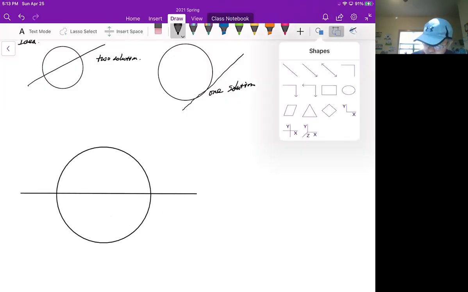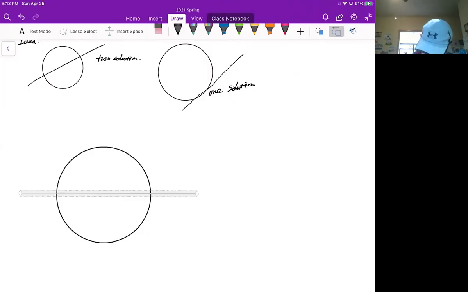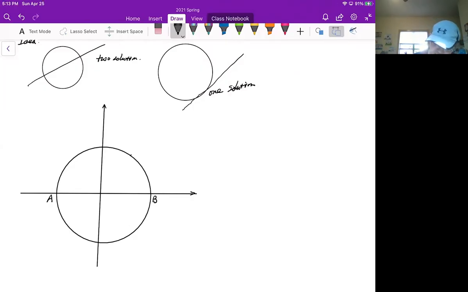Some time ago, we said that suppose I have AB, right? AB is the diameter of the circle, and C is just any point on the circle.